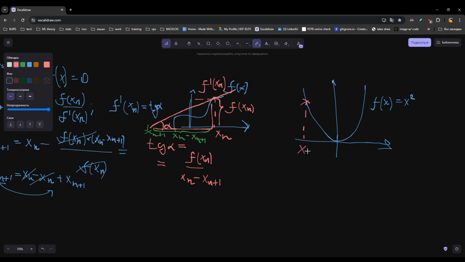This would be our x of 1, which is x of n, our first approximation of roots of this function. And we need to iteratively find this point, which is f of x equals 0, which coincidentally enough is also the minimum of this parabola.